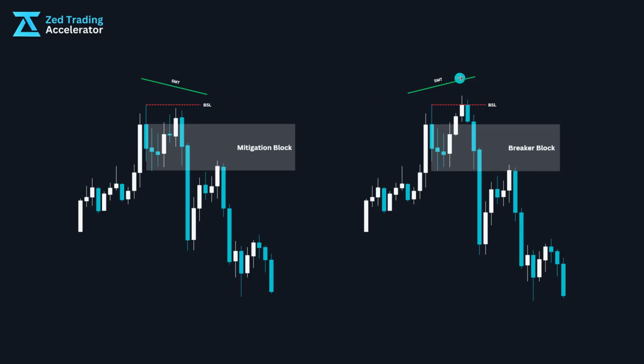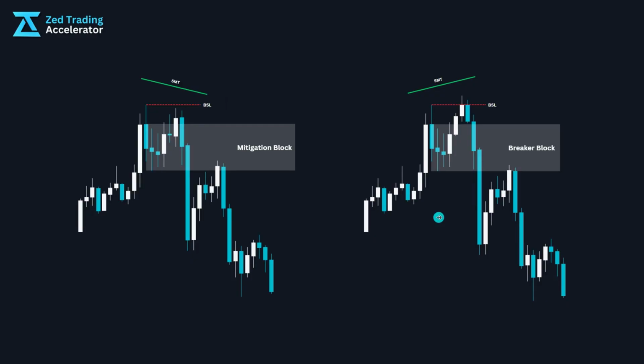We have here an SMT divergence, right? We took out this buy-side liquidity right here, and we failed to take out this buy-side liquidity. Here we have our mitigation block, and here we have our breaker block. Where should we enter our trade?